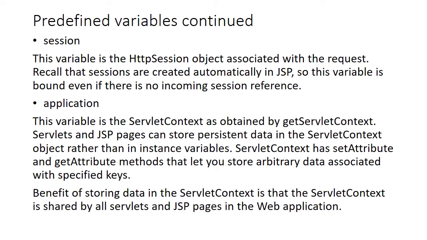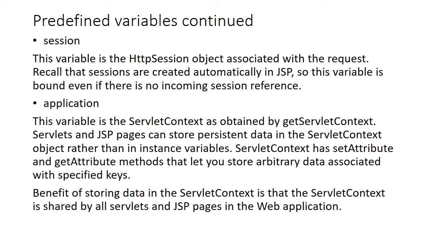Now my application is the object of the ServletContext class, so the methods are available in this class. Which are the methods I can use to access the data? The methods are setAttribute and getAttribute, and I define my data as a key and value.